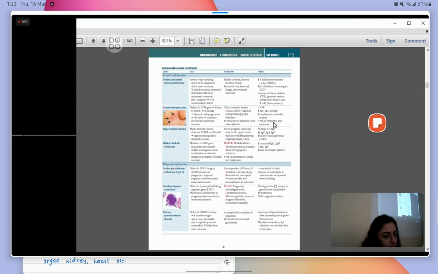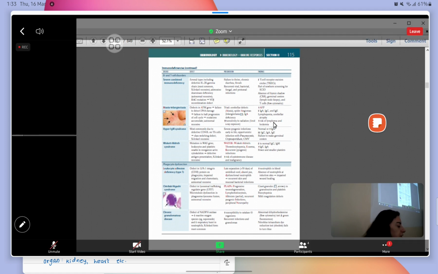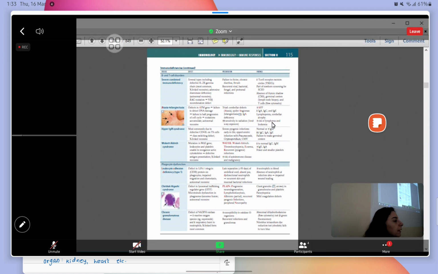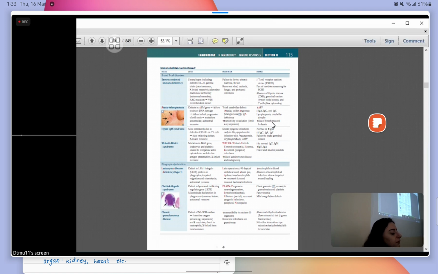In hyper-IgM syndrome, also we have many types of infections, like fungal infections, bacterial infections, opportunistic infections. What is the opportunistic pathogen? Pathogen which lives normally in your body. But when the immune system or when the flora of your body is disrupted, then these opportunistic pathogens will replicate and cause the actual disease.